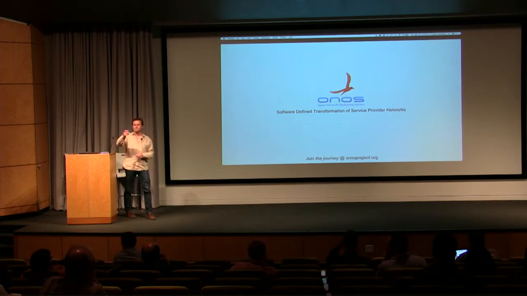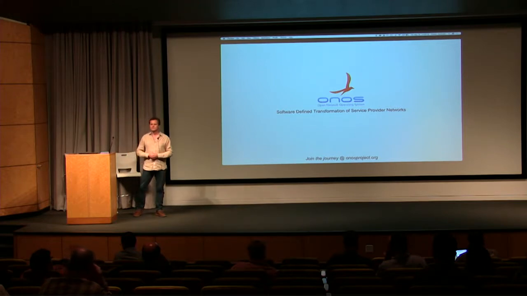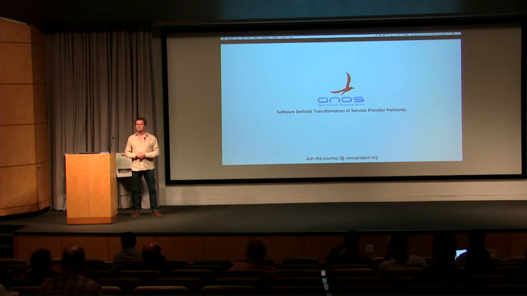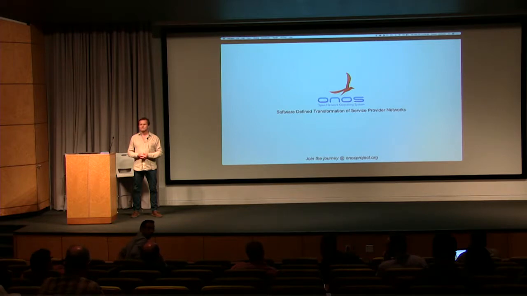Any other questions? Yeah, one right here. So, it's a dumb question. I was thinking that ONOS was at the bottom of the stack, doing the control of all the devices as a controller.